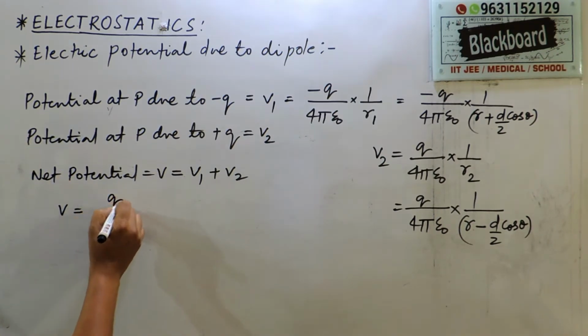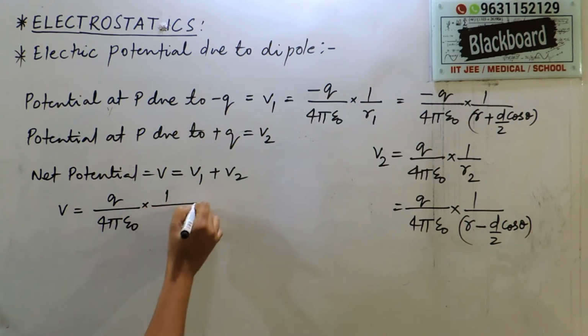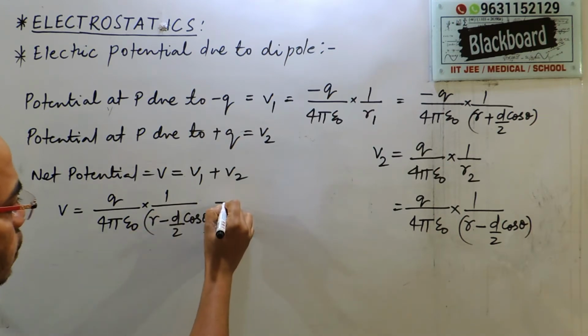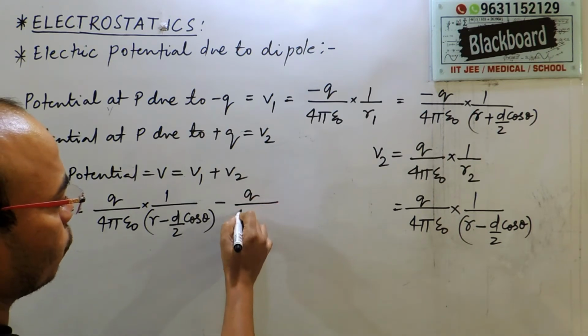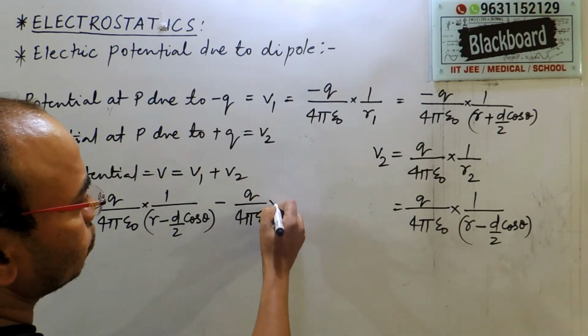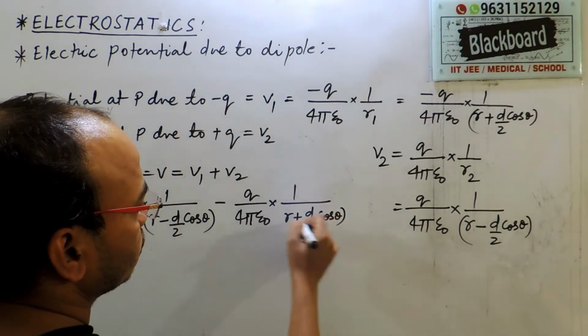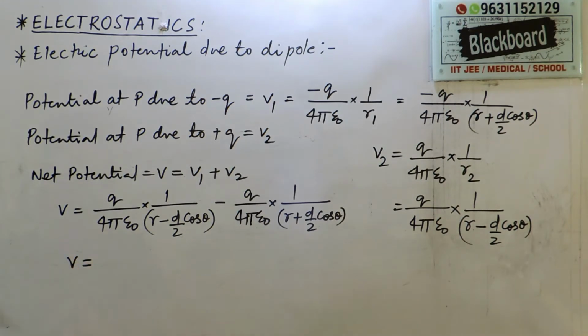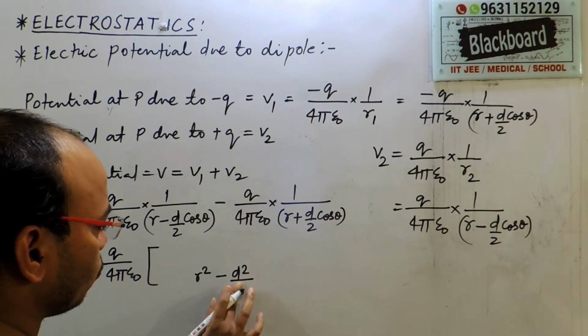That means this is equal to Q by 4 pi epsilon naught and this is 1 by R minus D by 2 cos theta plus, and this will be minus here, minus sign, so minus Q by 4 pi epsilon naught into 1 by R plus D by 2 cos theta. This is, that means V is equal to Q by 4 pi epsilon naught is common, इसको हम कॉमन ले लेते हैं.